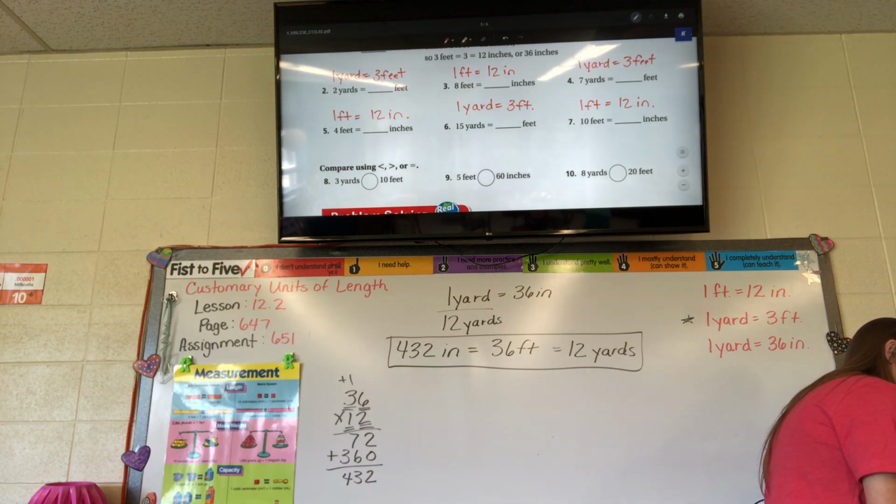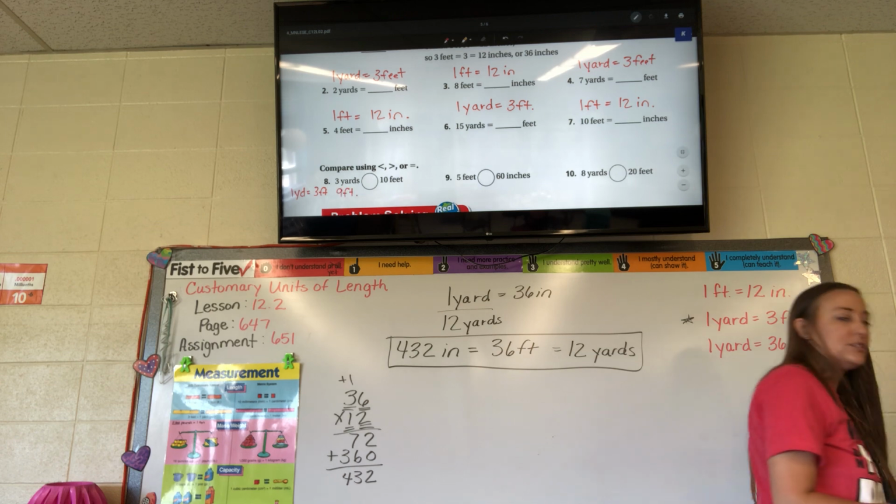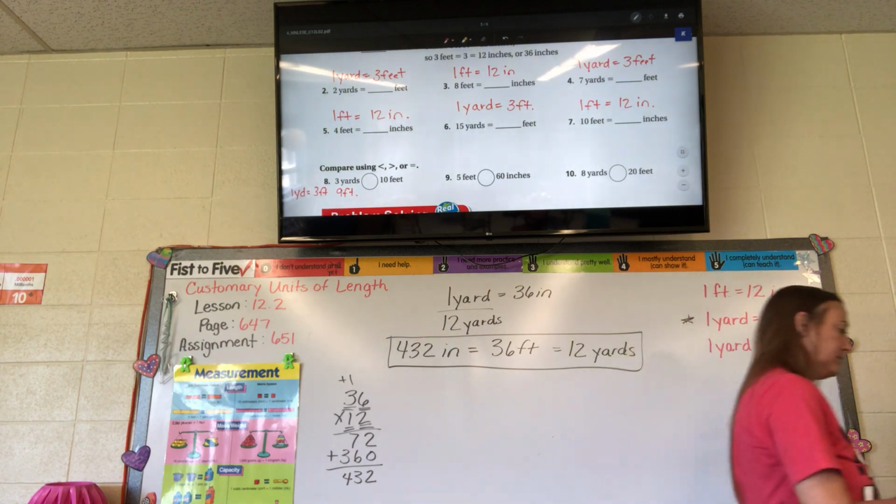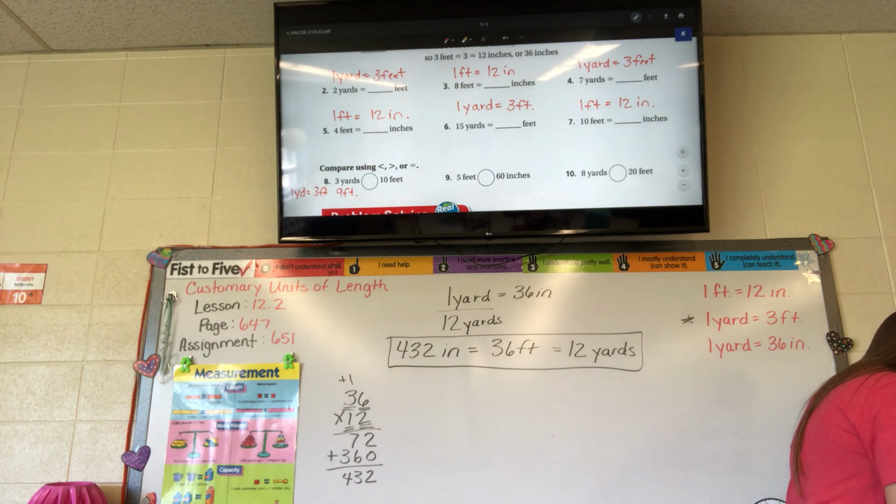Well, if 1 yard equals 3 feet, then 3 yards would equal 9 feet. Okay, so you're going to compare 9 feet and 10 feet. 5 feet, so 1 foot equals, oh no, that's right, 12 inches.